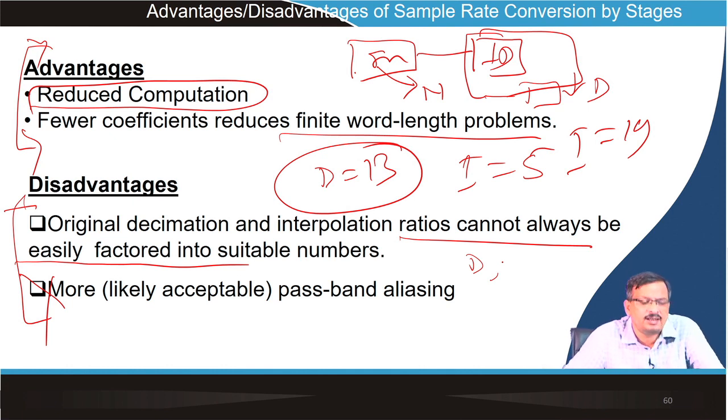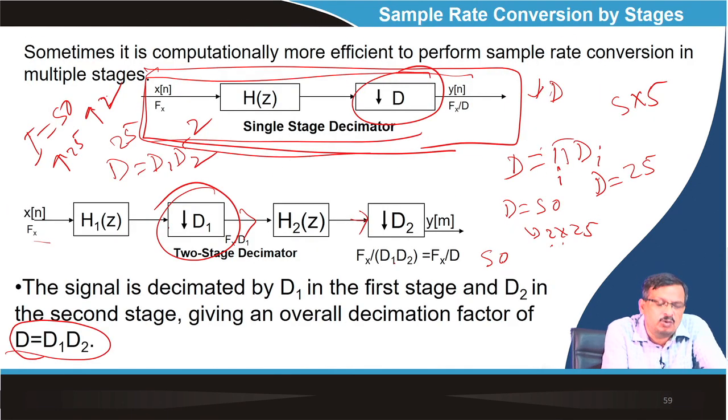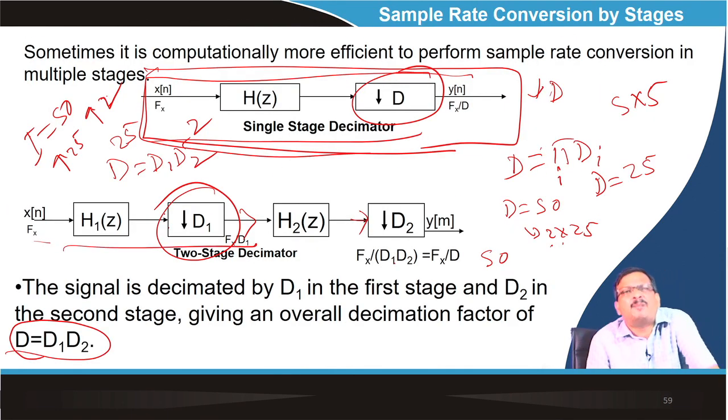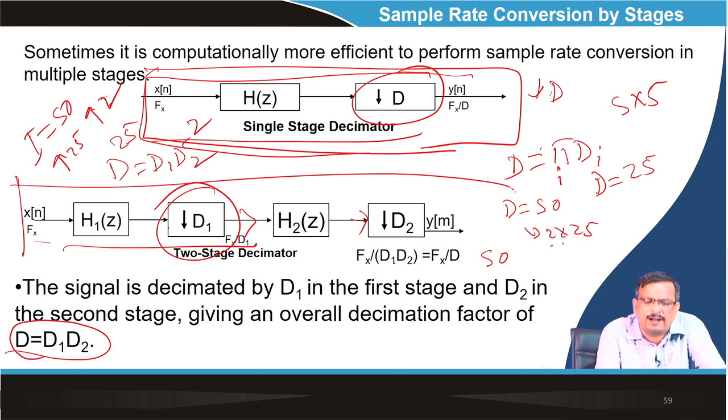So, multi-stage means I am using two stages, it may be n number of stages, Z1, D1, Z2, D2, Z3, D3, like that. There is no restriction.